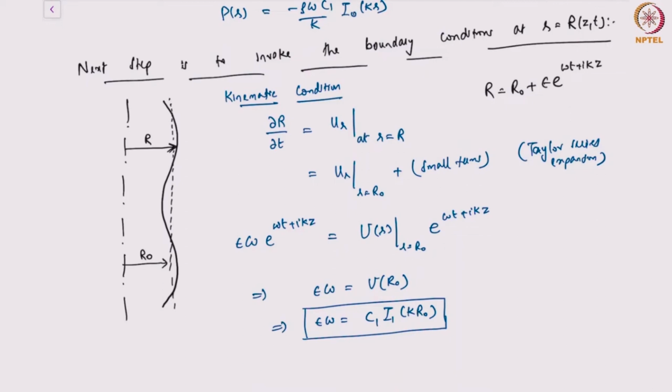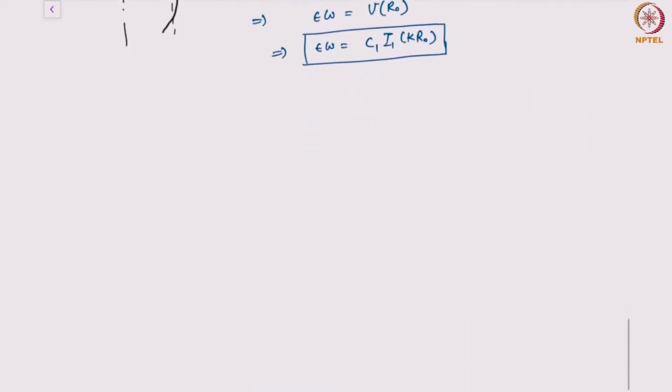This consistency condition at the interface is the kinematic condition. It is closely associated with mass balance as well. Now, having introduced the geometric constraint, let's introduce the dynamic constraint.